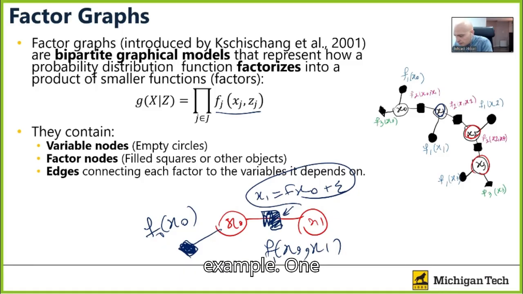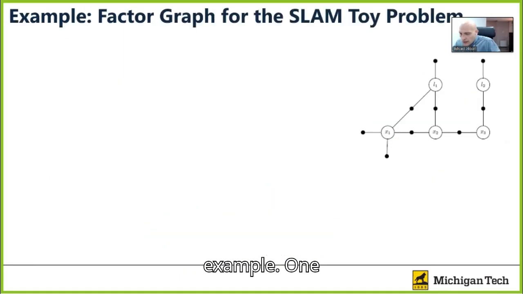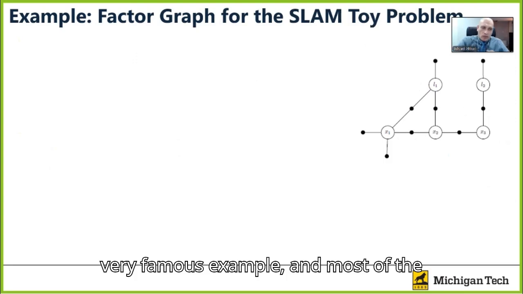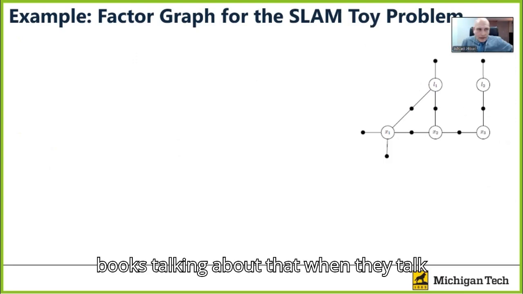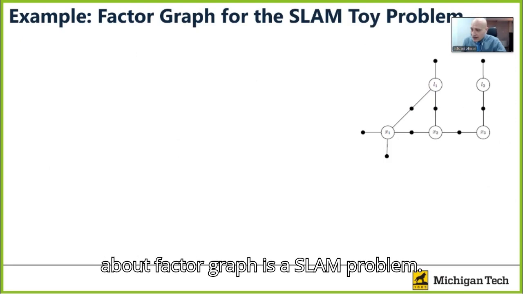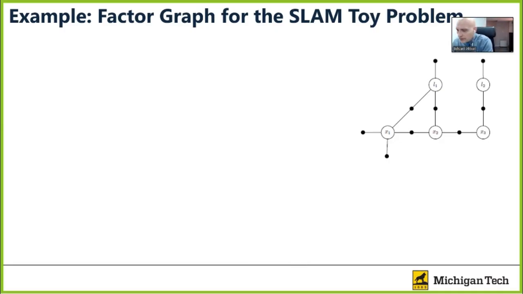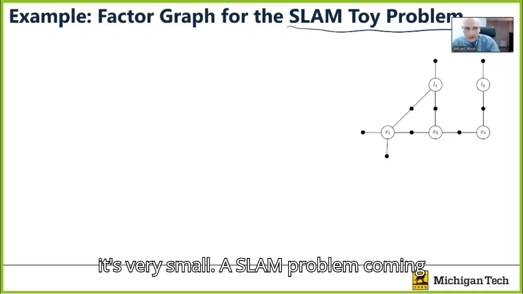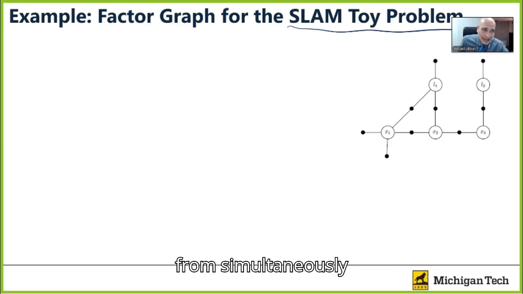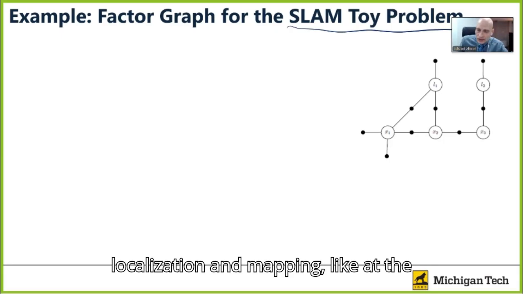Let's do an example. One very famous example, which most books discuss when they talk about factor graphs, is the SLAM problem. It's called a SLAM toy problem because it's very small. SLAM comes from simultaneous localization and mapping.